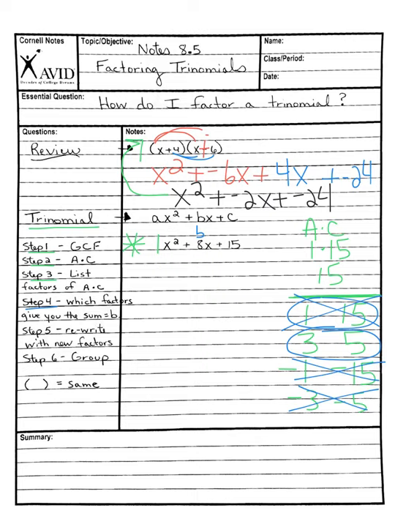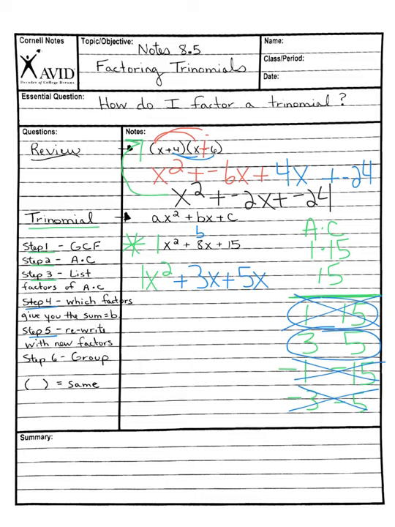3 and 5. So for step 5, I'm going to rewrite with the new factors. Instead of writing 8x, I'm actually going to write 3x plus 5x. I'm not changing the value of the problem, because that does equal 8x.